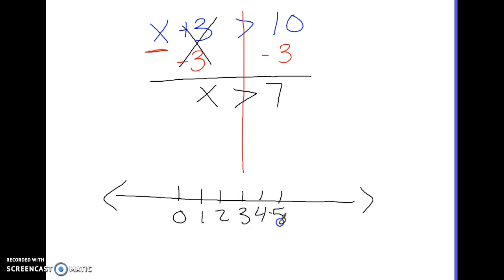It's important that when we draw our number line that we extend it with arrows, meaning that it can go on forever because we can count in both directions till infinity. Now that I have my number line drawn, I have an open circle at 7 because x cannot equal 7, but it is any number that is greater than 7. 8 is greater than 7, so we will draw it going towards our 8.